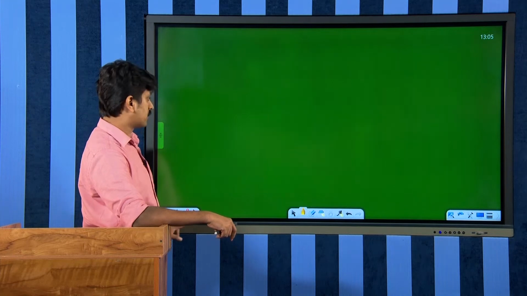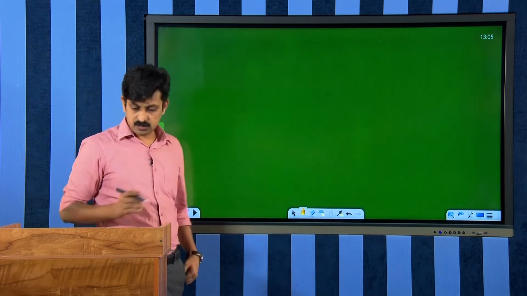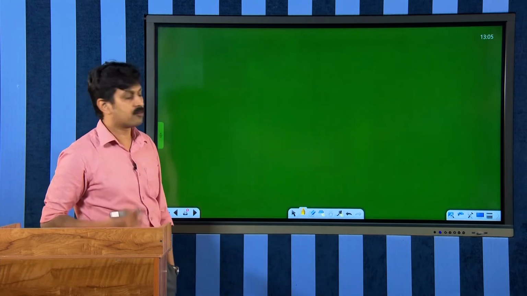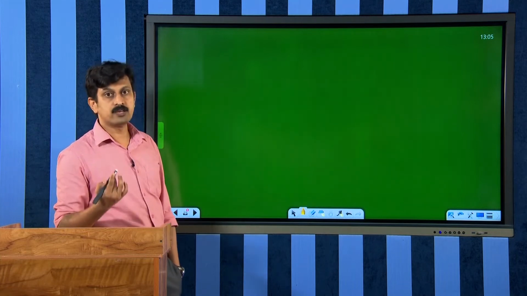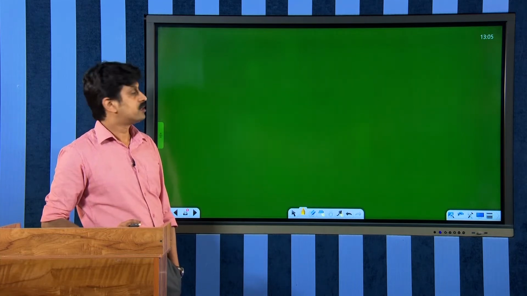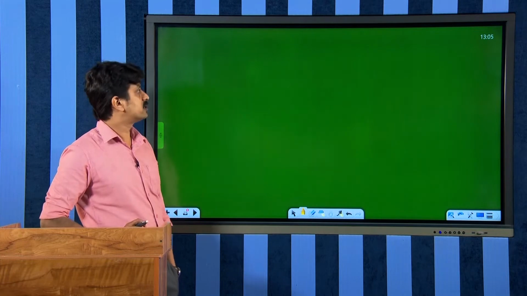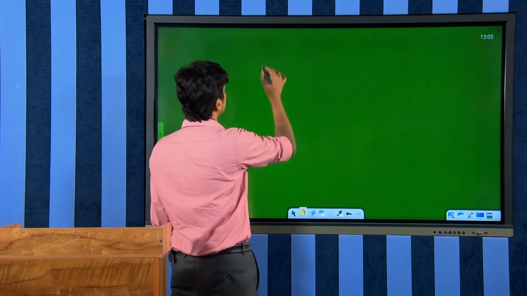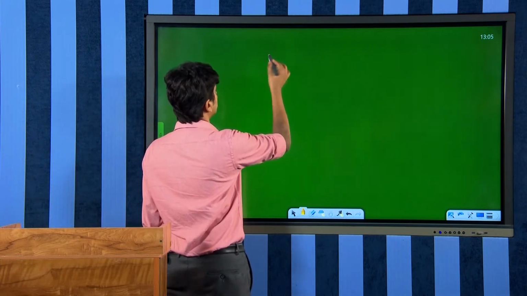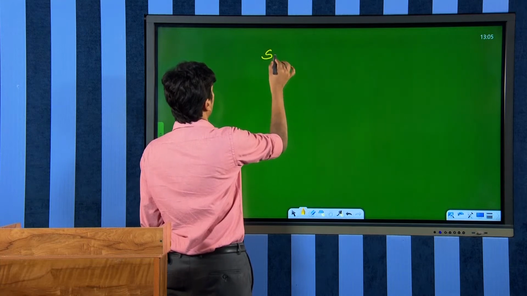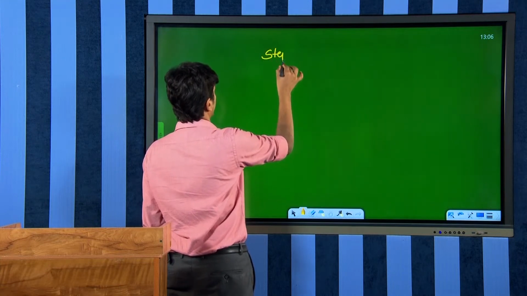So, actually dear students, how can we solve the linear differential equation by the method of variation of parameters?